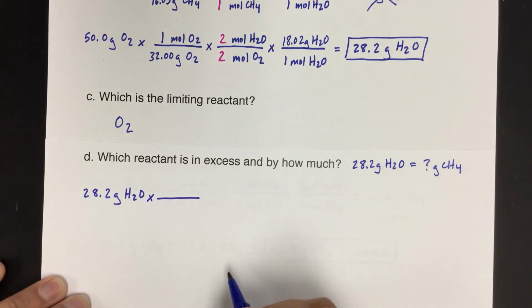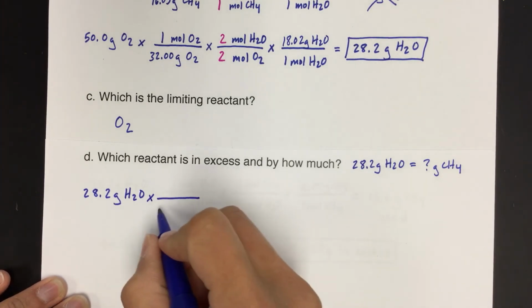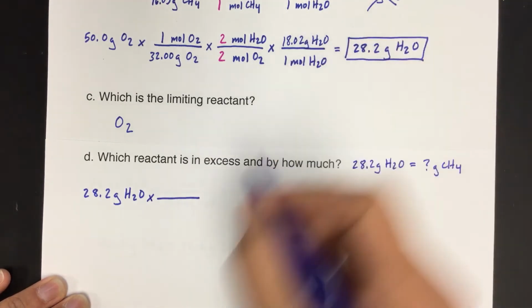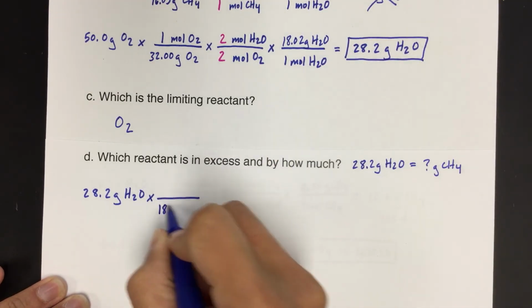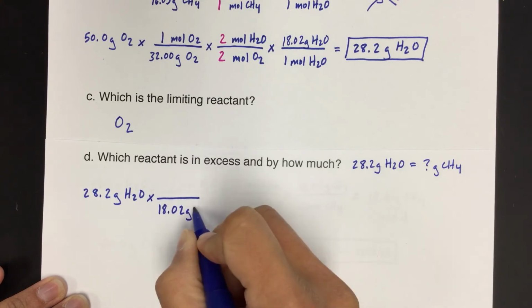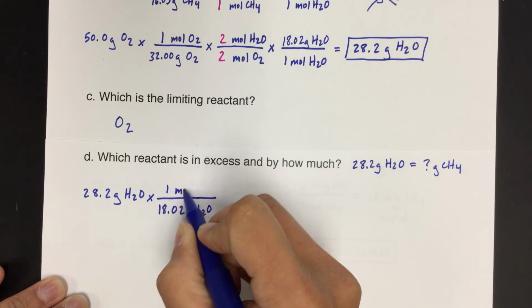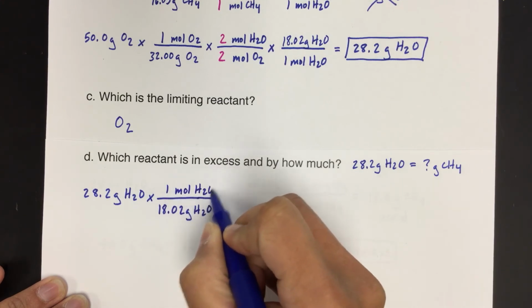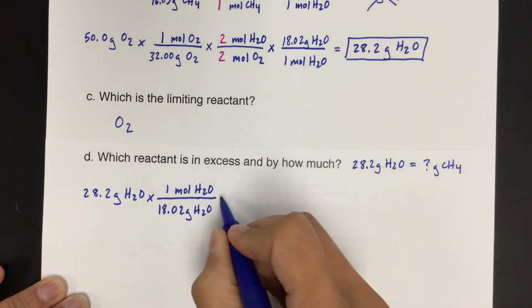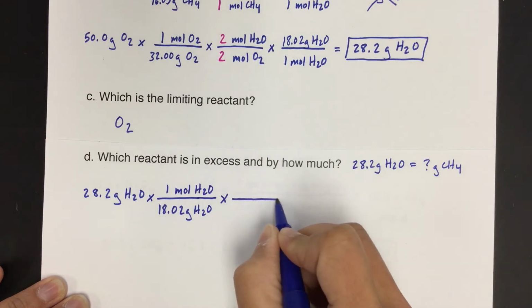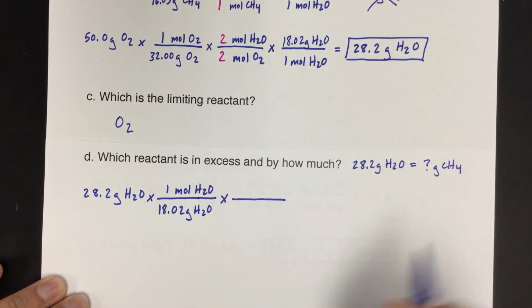So we'll first need to convert this to moles of water. And we know that the molar mass of water is 18.02. We did that here, or you already have it memorized. And that's for 1 mole. So we first convert mass to moles. Now we convert moles of water to moles of methane, because that's what we're trying to get to.